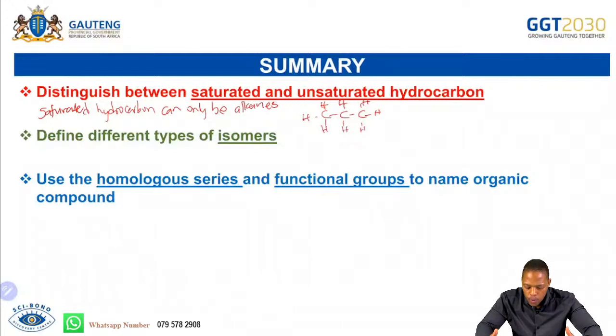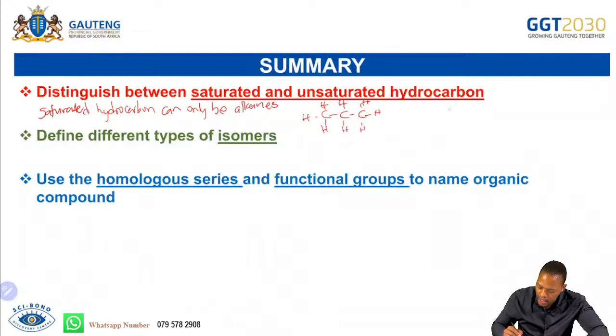Okay, and you must also be able to define unsaturated hydrocarbons as hydrocarbons containing a double or triple bond between the carbon atoms. So they are going to look something like this. You are going to say this is an unsaturated hydrocarbon.